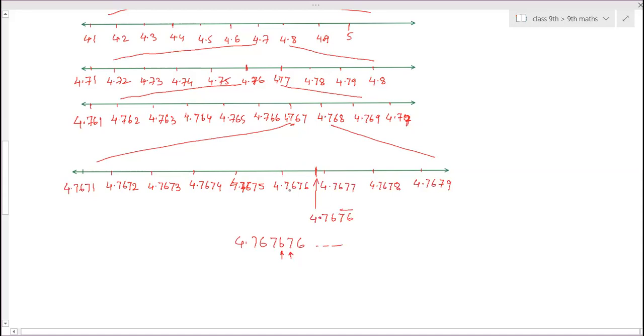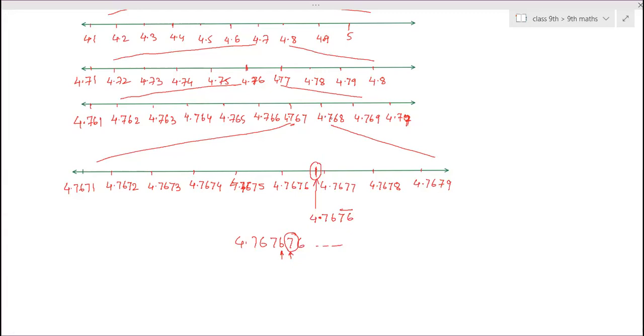You have to check whether it is lesser than 5 or more. The next number after 7676 is 7. 7 is more than 5, so we have to show nearer to the next line, somewhere in between. So this is the required number. Somewhere here we will get the required number. So approximately that point you have to show on the number line.